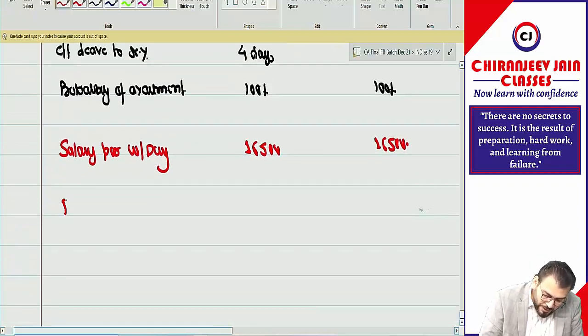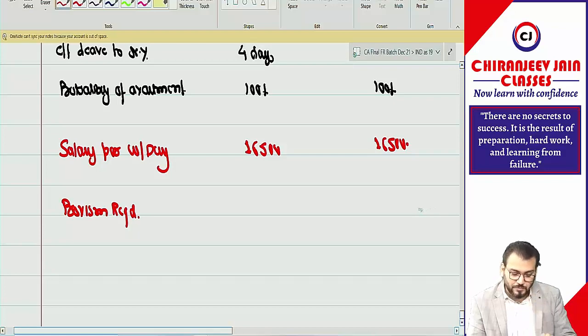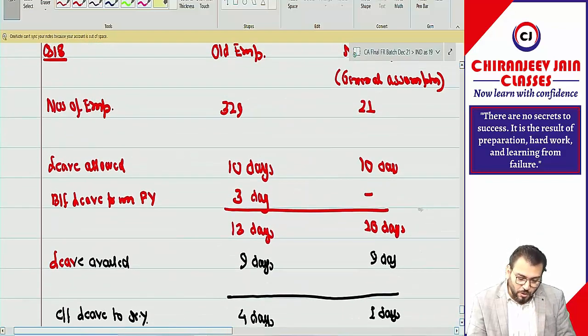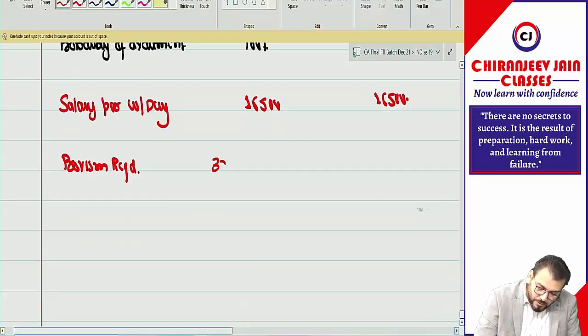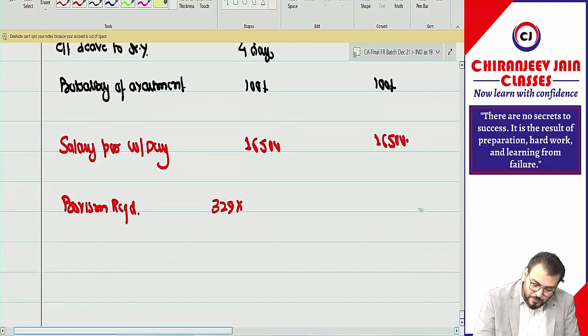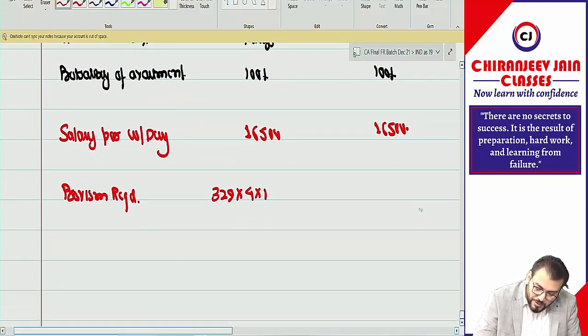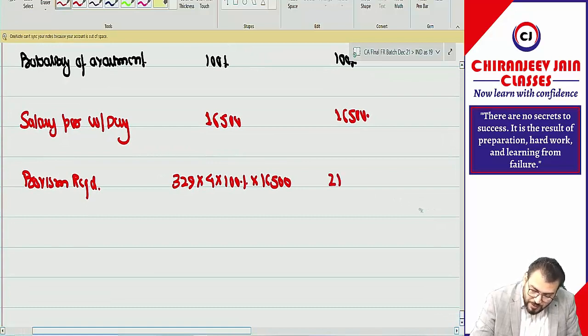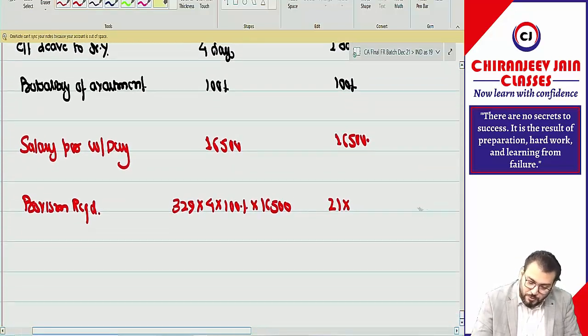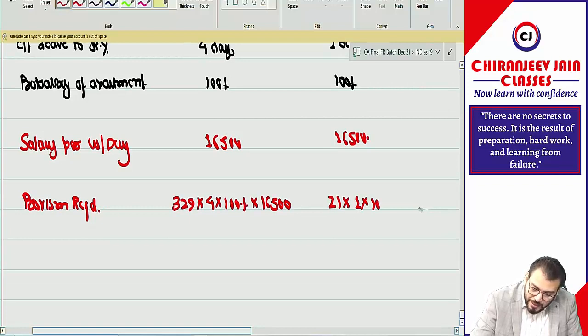So can you give me what is provision required? Provision required will be equal to, this is how many employees? 329 employees. So 329 into 4 into 100% into 16,500. Here it will be 21 employees into 1 into 100% into 16,500. What is this total?